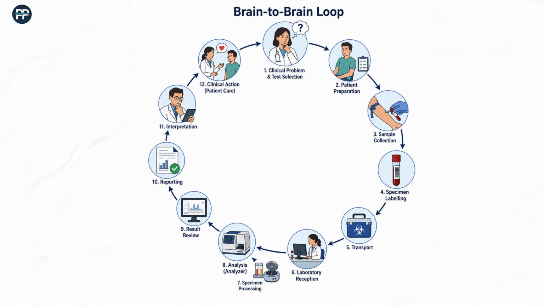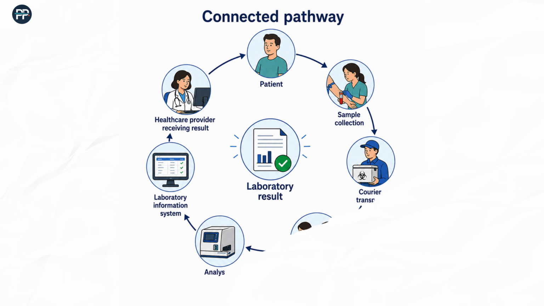In other words, the laboratory result is not just a number produced by a machine. It is the outcome of a connected pathway involving the patient, the clinician, the phlebotomist, the courier, the laboratory team, the analyzer, the laboratory information system, and the healthcare provider receiving the result.